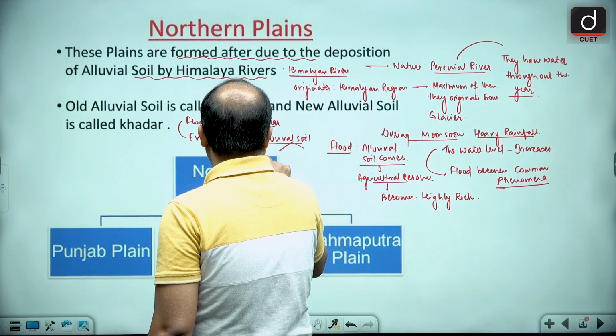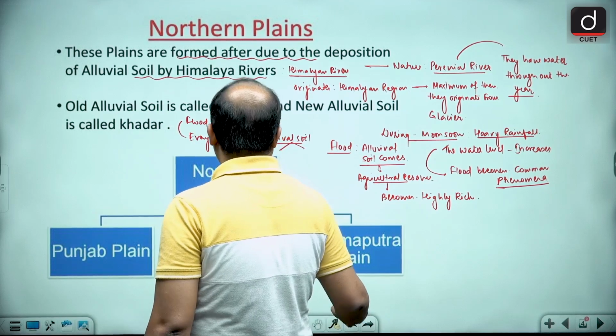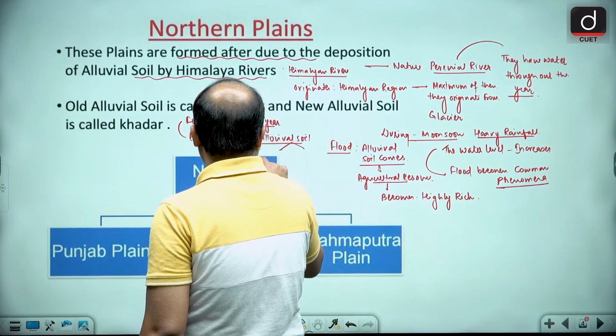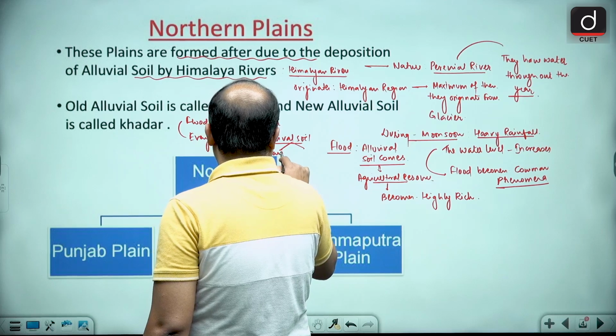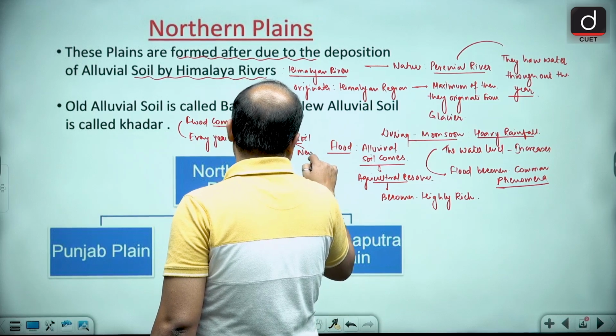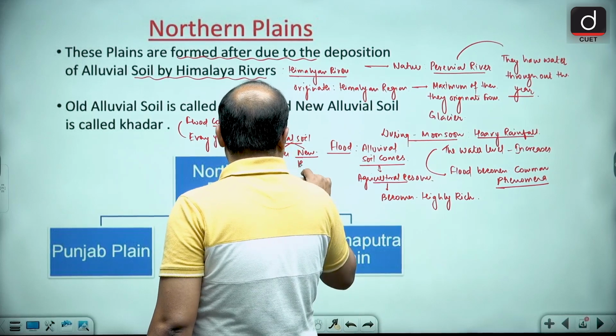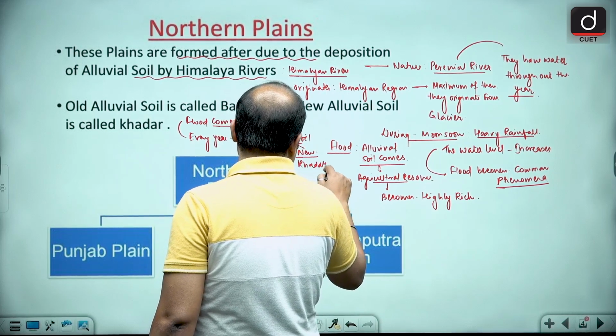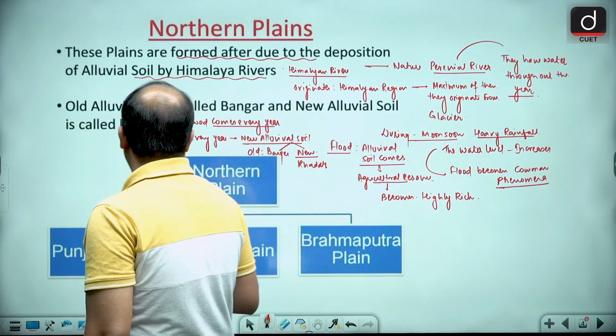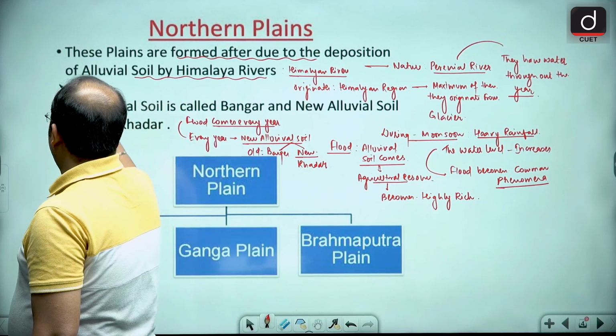One is old alluvial soil, that is called bhangar, and new alluvial soil is called khadar.